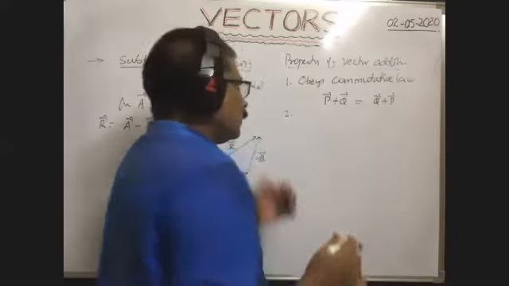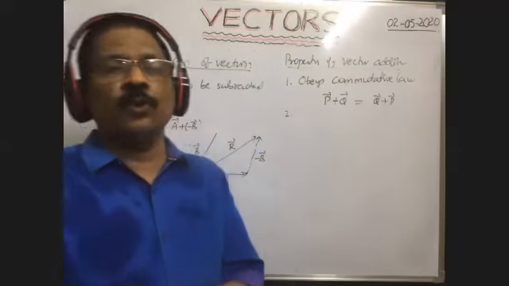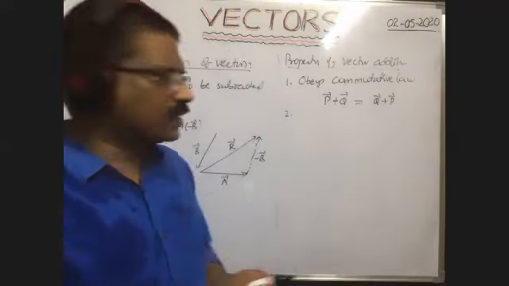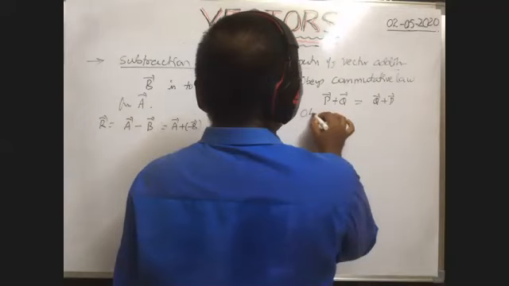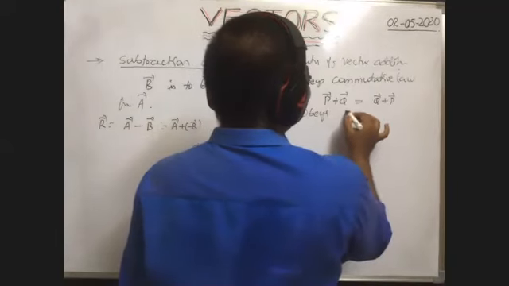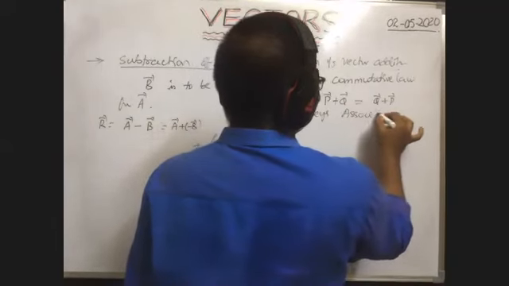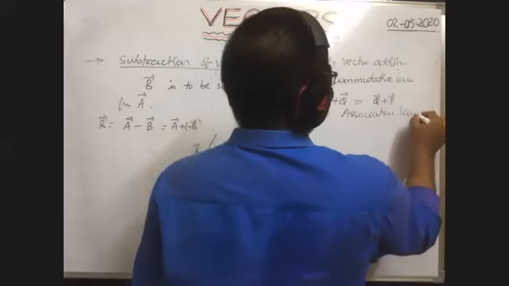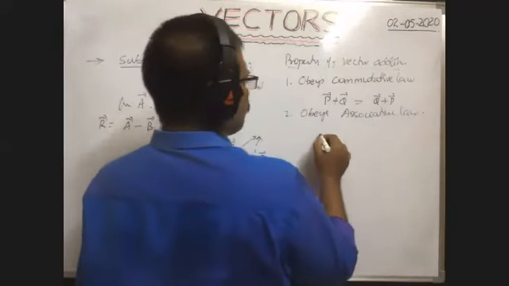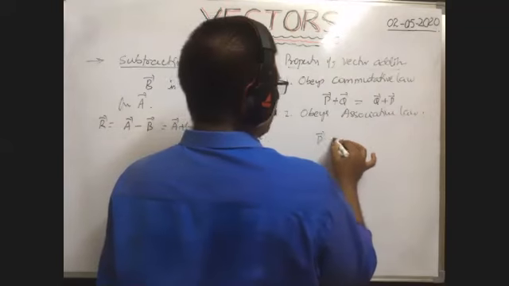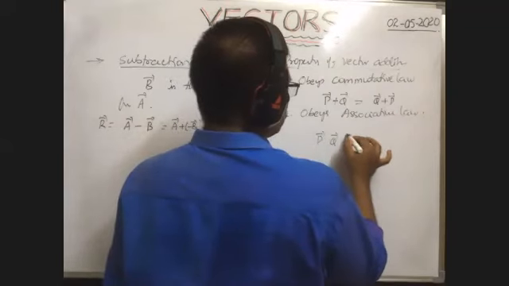Second one, vector addition also obeys the associative law. So what is the associative law? Suppose P bar, Q bar, R bar are three vectors to be added.